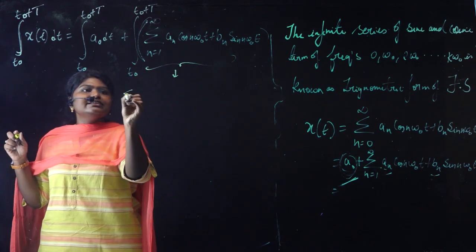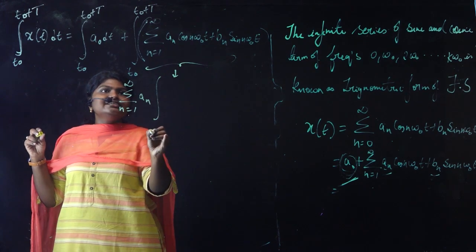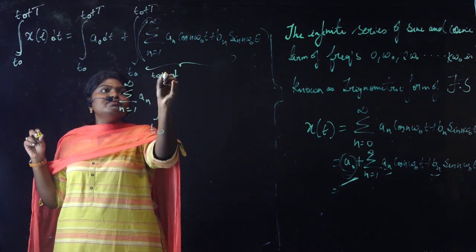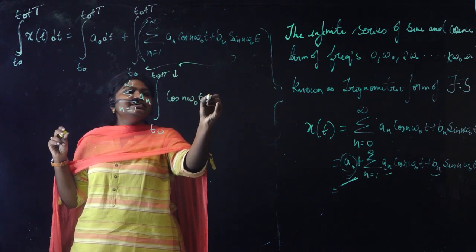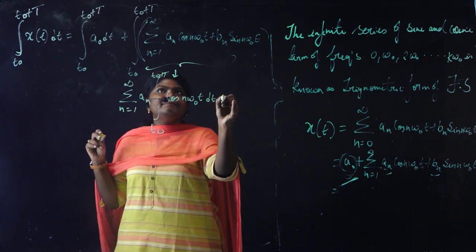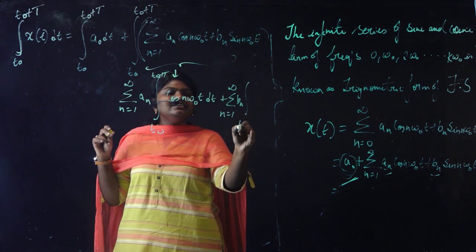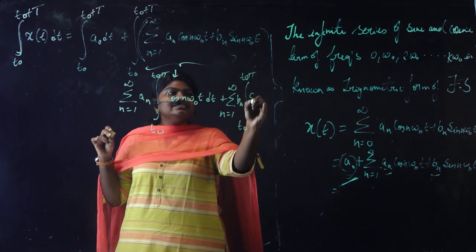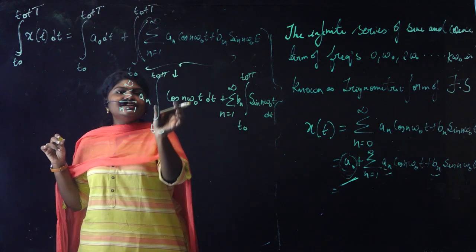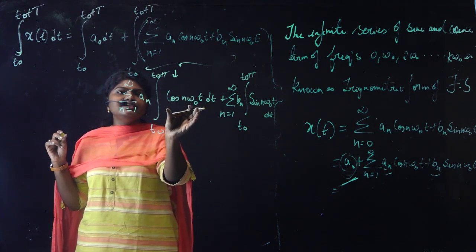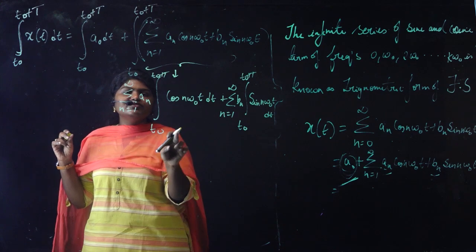So this will be Σ (n=1 to infinity) aₙ ∫ from t₀ to t₀+T of cos(nω₀t) dt plus Σ (n=1 to infinity) bₙ ∫ from t₀ to t₀+T of sin(nω₀t) dt. The integration of a cosine term over a period, the area under this period, if you find it out, will be 0.